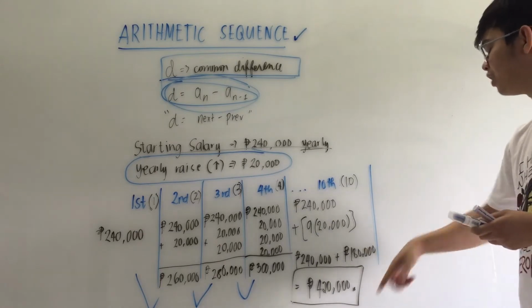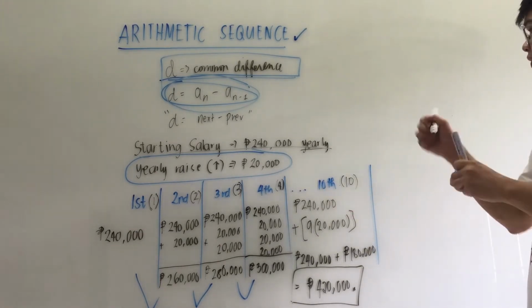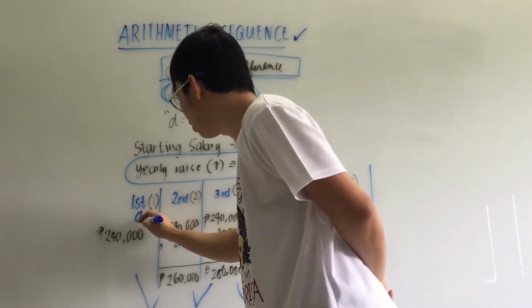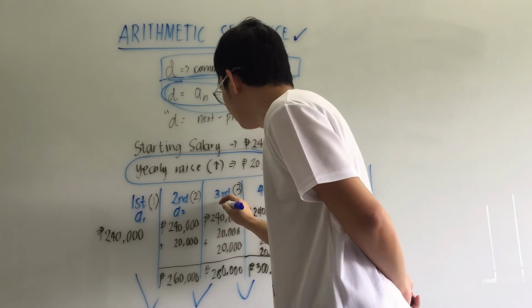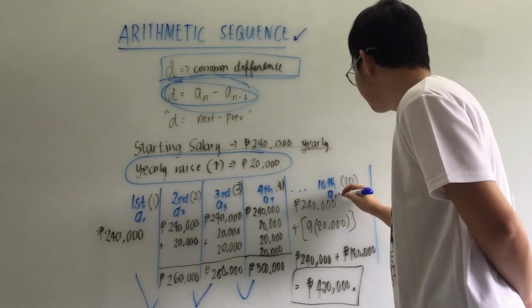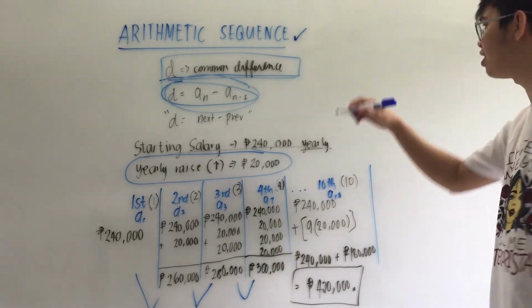Okay. So here, let's use this. Let's say this is, of course, a sub 1, right? A sub 1, a sub 2, a sub 3, a sub 4, a sub 10. How do we solve for a sub 10 here? How did we solve for a sub 10?